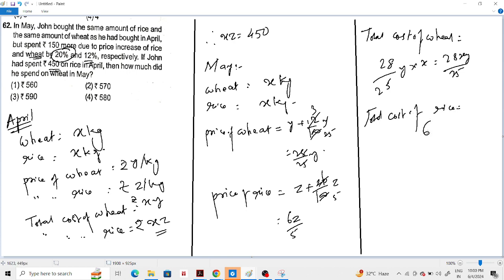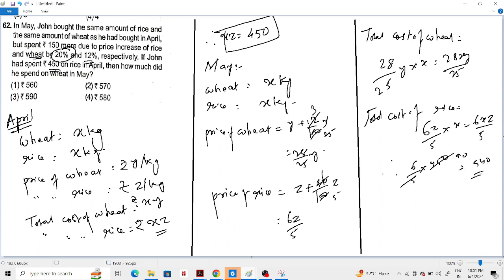Total cost of rice is going to be, okay. Now we already have the value of xz, right? Yes. So that means I can just substitute it over here. 540. Okay, also it is given that he had to spend 150 more.